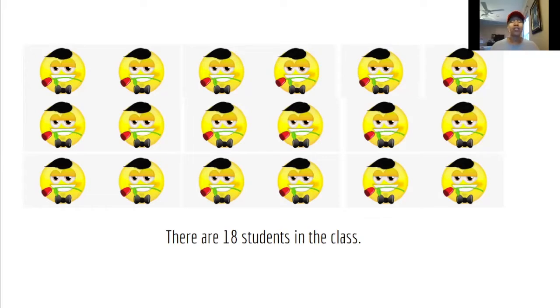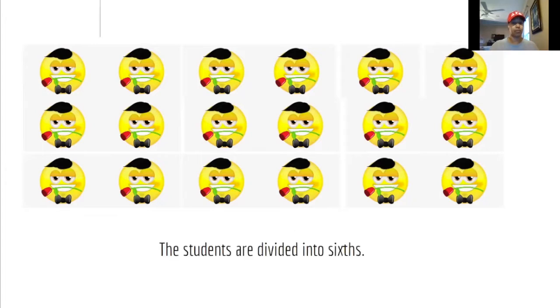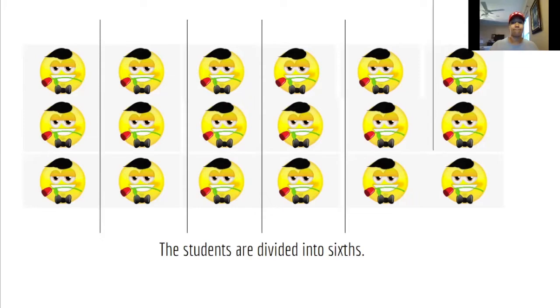So we need to divide our 18 students into groups of 6. So let's make 6 groups. There we are. Now with this representation, we can easily determine how many students are in each group.